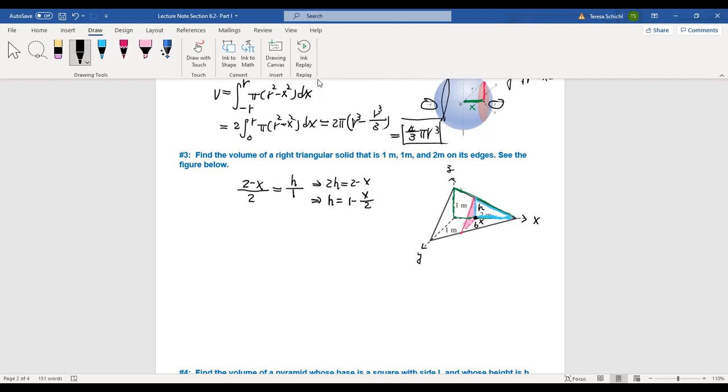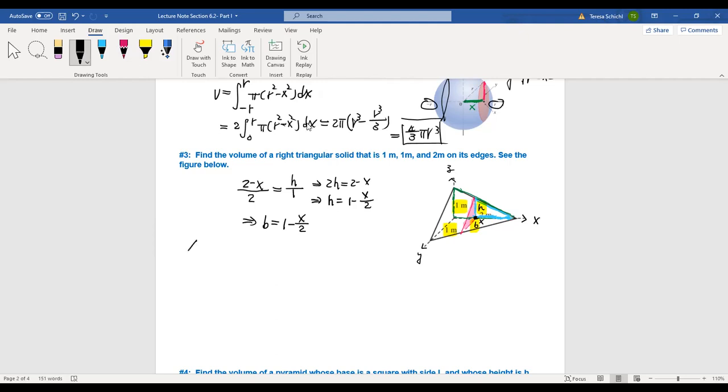Because h is equal to 1 minus x over 2, look at these big triangles. Here is 1 meter, and this is 1 meter, so the h and the b will be equal also. If h equals 1 minus x over 2, then my b is the same, 1 minus x over 2.